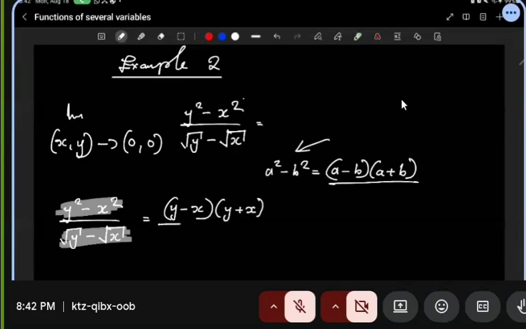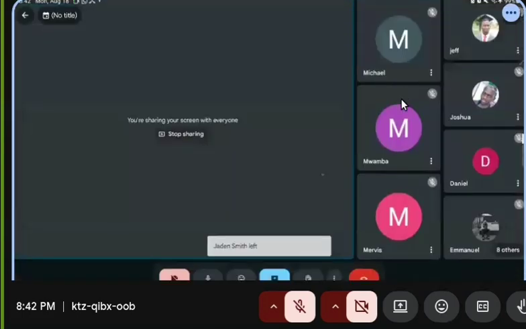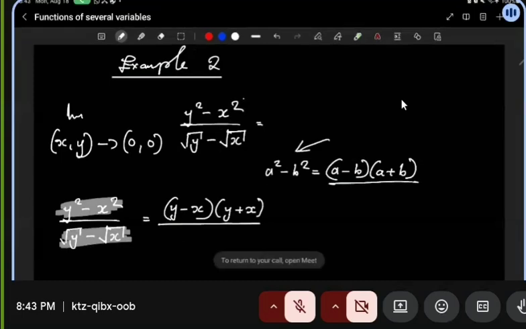The denominator, we'll still keep it as root of y minus root of x.